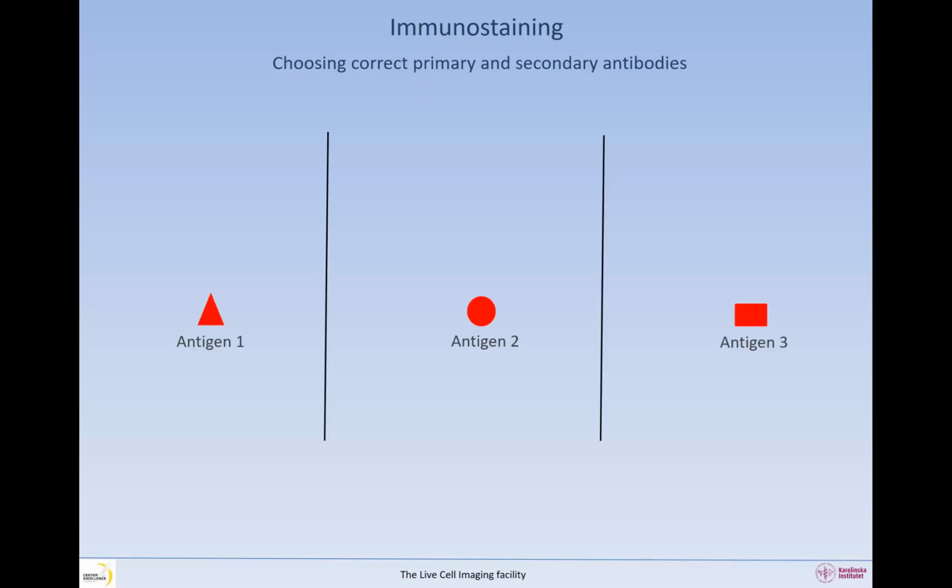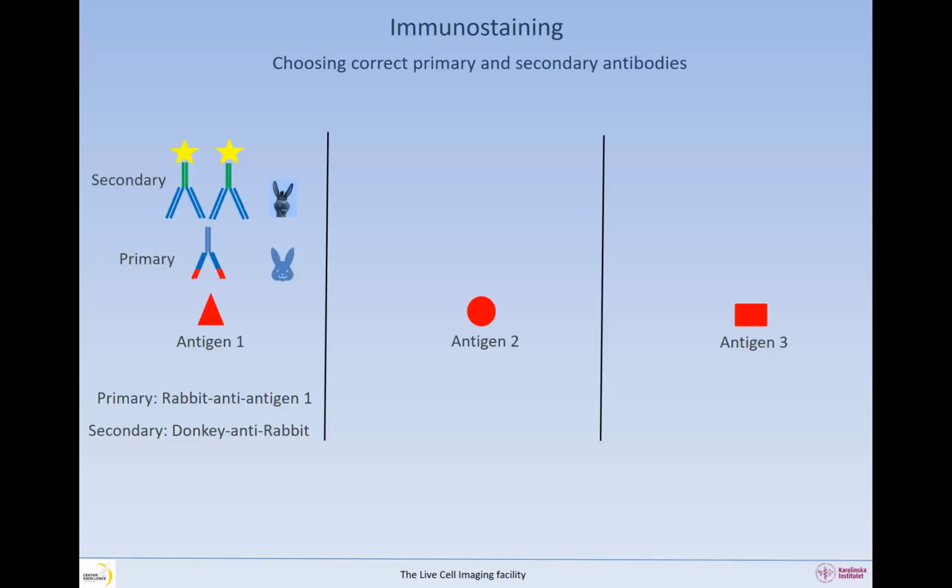Let's say that antigen 1 is recognized by an antibody which is raised in rabbit. So that means that the secondary antibody will bind to the Fc part of the primary. So it has to be a donkey anti-rabbit secondary. So it has to be against the host.